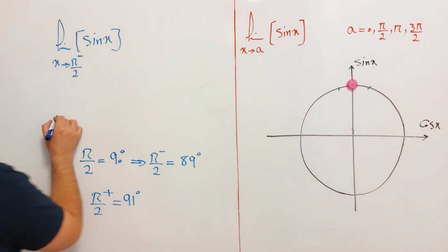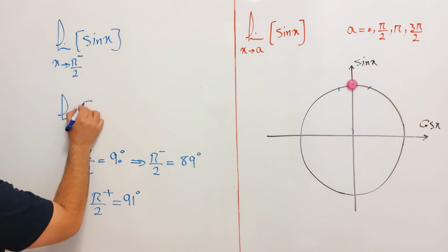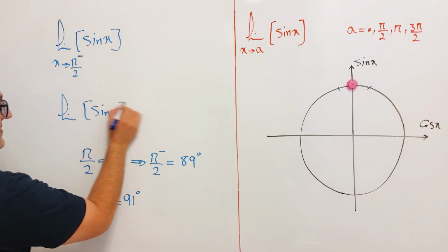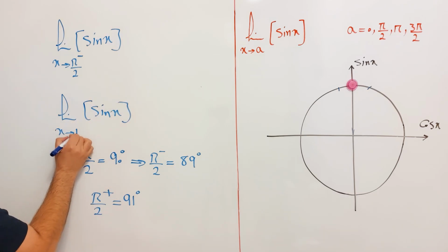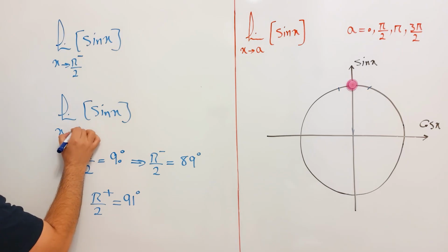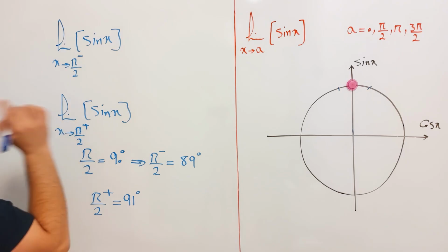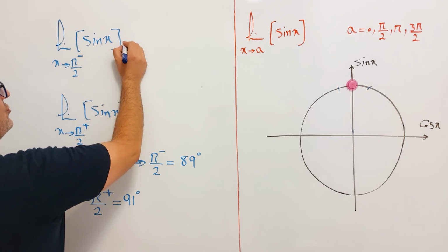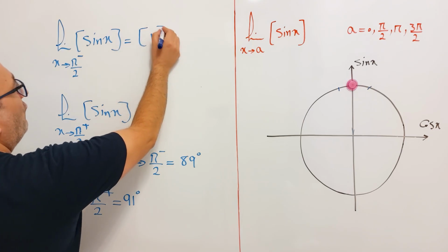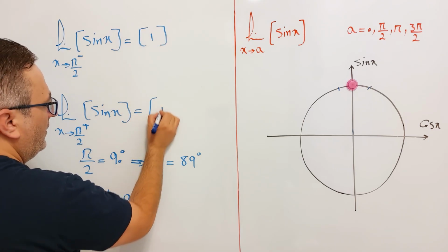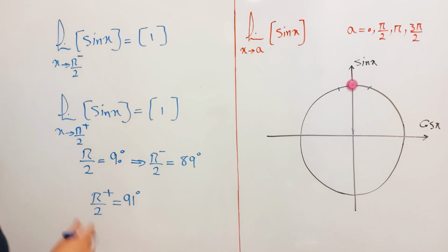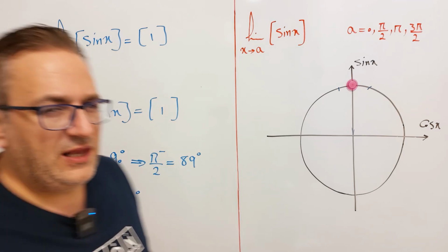So the limit of the floor of sine of x as x approaches pi over 2 from the right. We know that sine of pi over 2 is equal to 1. Here is 1, but from the right or from the left.